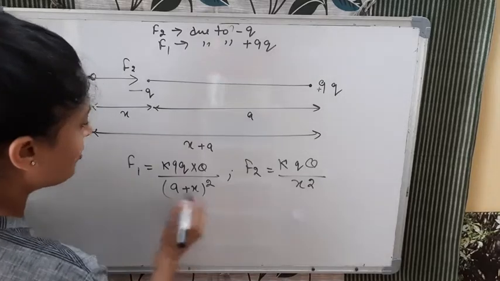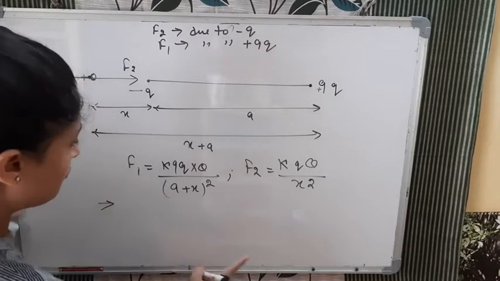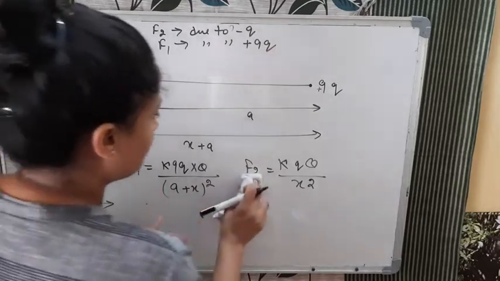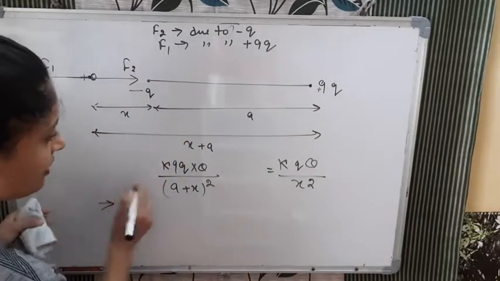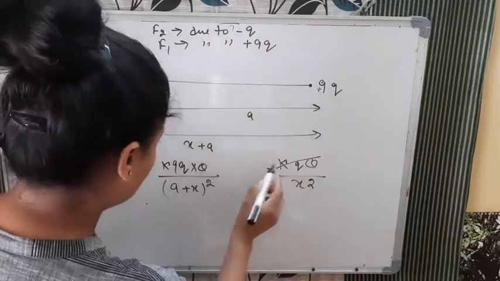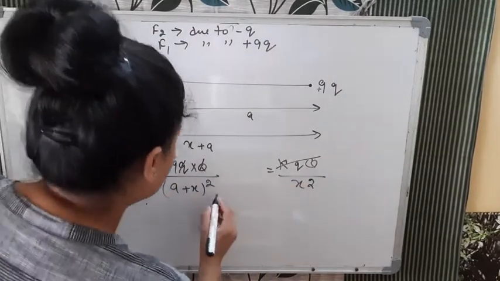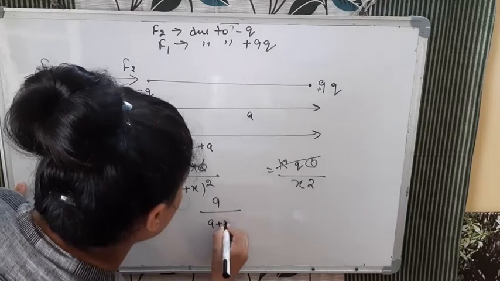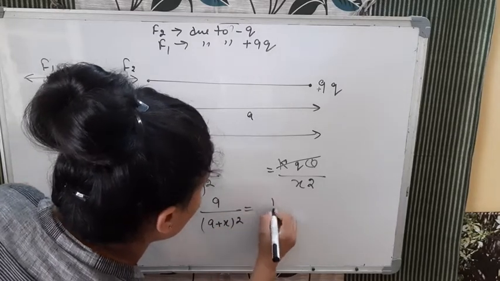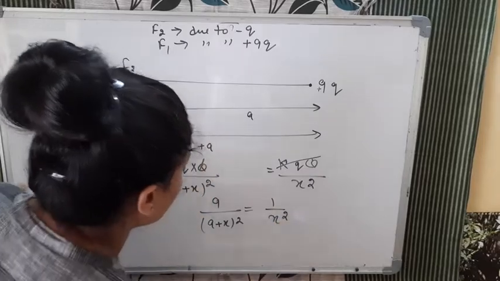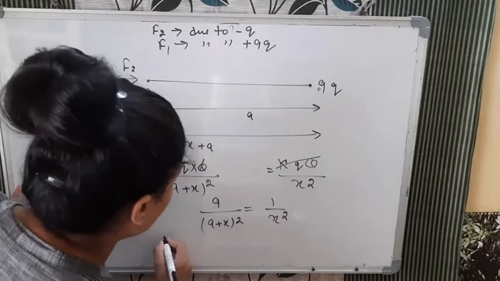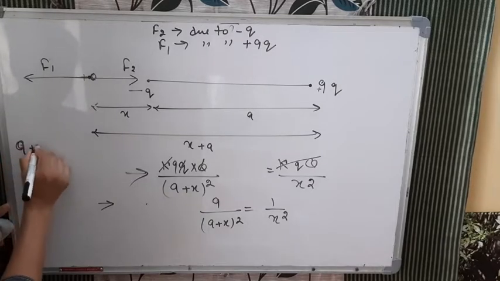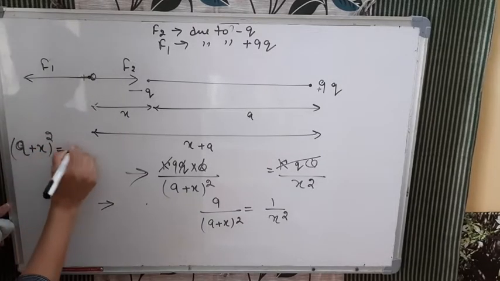When we are talking about equilibrium or net force 0, you put F1 equal to F2, and when you do this, what will cancel out? K, q and Q. This side it will be 9 divided by (a plus x) whole square, this side 1 by x square. Again, same way, (a plus x) square will be on this side and 9x square.